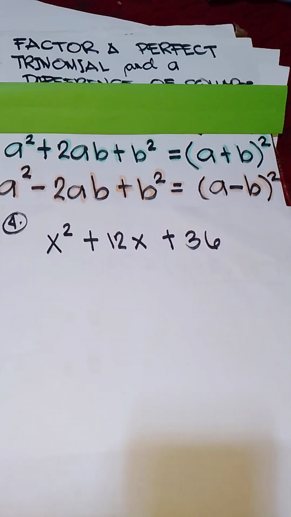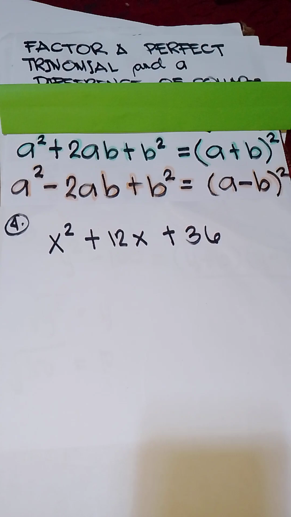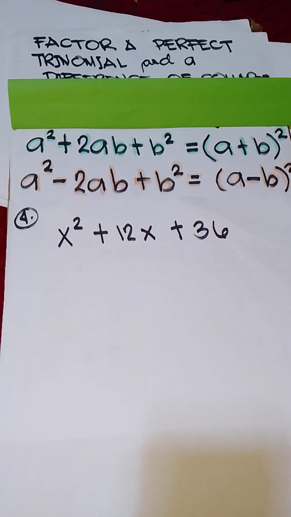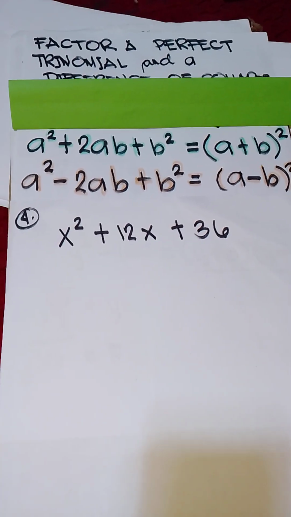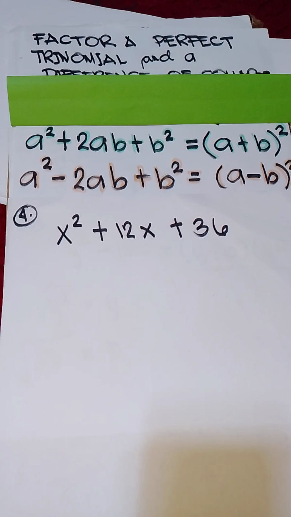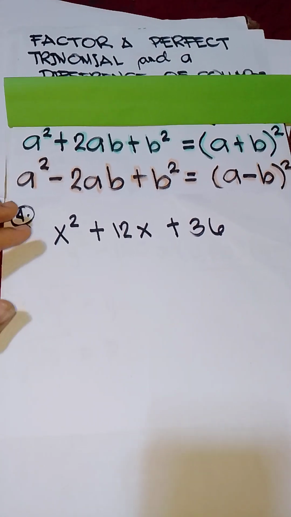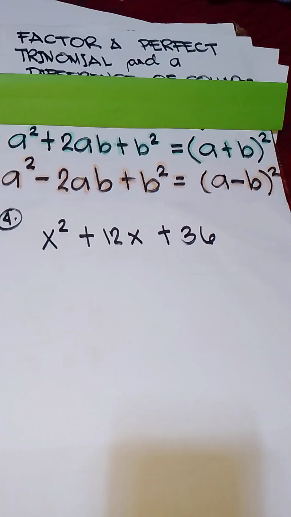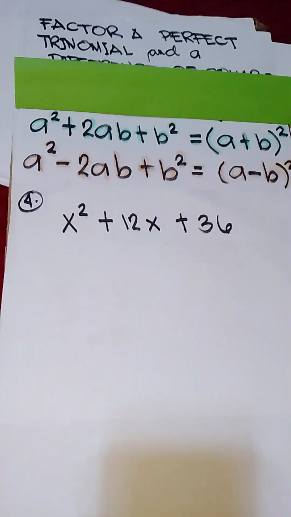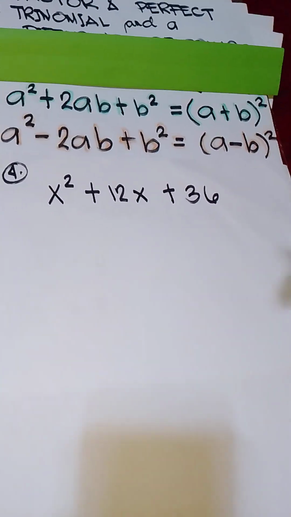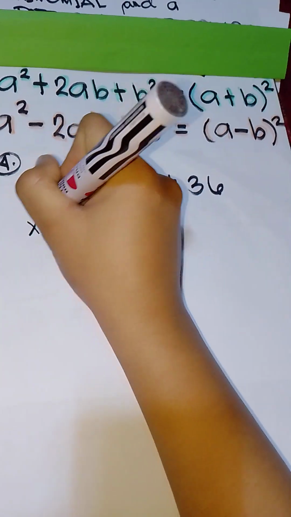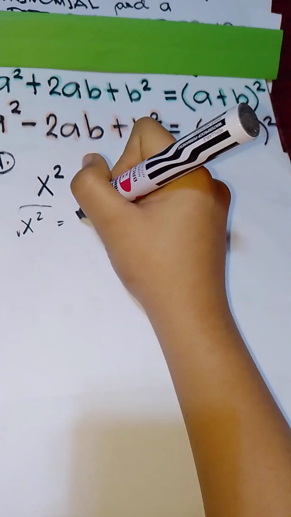Now let us proceed to our example number 4. We have a perfect square trinomial, x squared plus 12x plus 36. Here we are going to get the square root of x squared. The result is x.